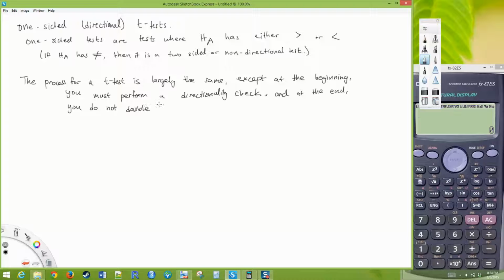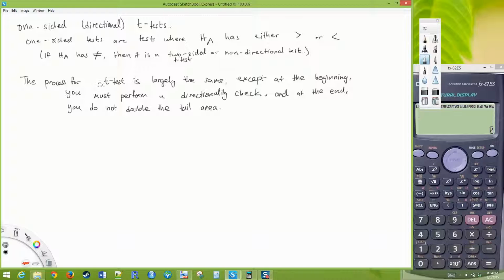Are you saying that if the alternative hypothesis has a not equal sign, then it's not a t-test? No, I'm sorry. Then it is a two-sided t-test or a non-directional t-test, I should say. So the next sentence is the process for a one-sided t-test. Oh yeah, I'm sorry, I left that out.